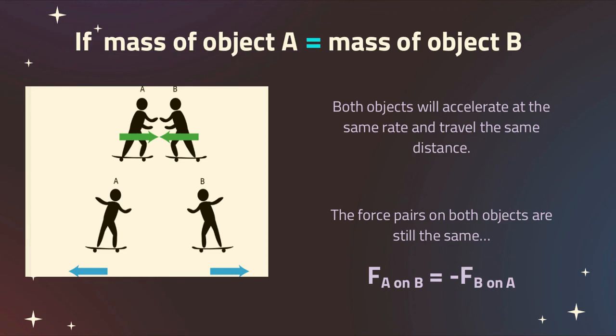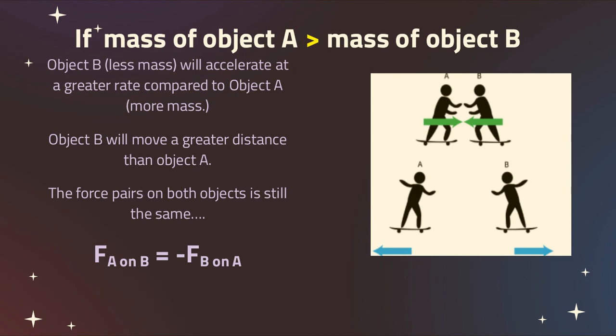What happens if, however, you have a difference in mass? Let's say one of the individuals has more mass, in this case the individual A. The lighter person with less mass, object B, will now accelerate at a much faster rate compared to the heavier person with more mass, object A. Object B will move a greater distance than object A. Think about the nail and the hammer, or the baseball and the bat.